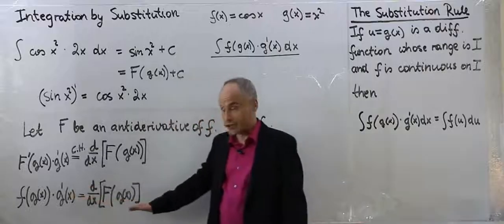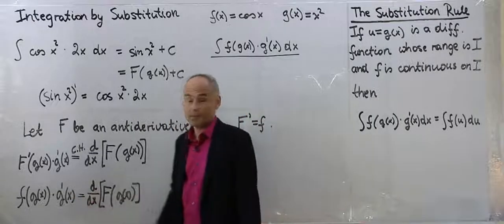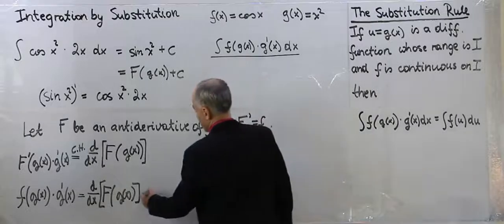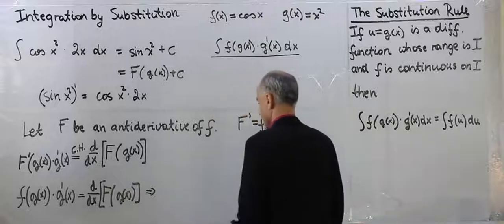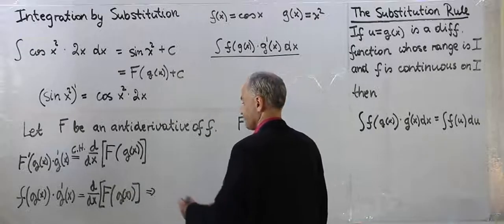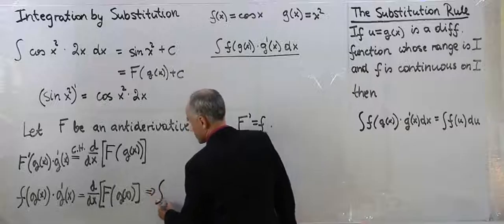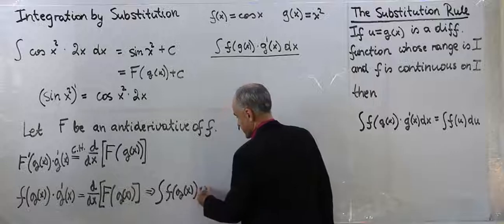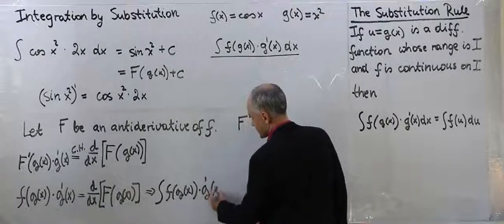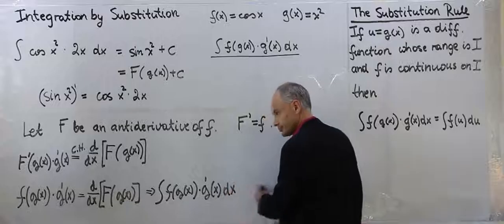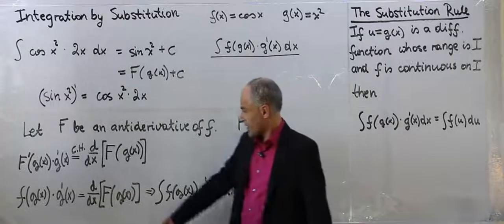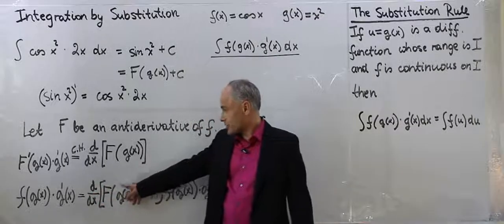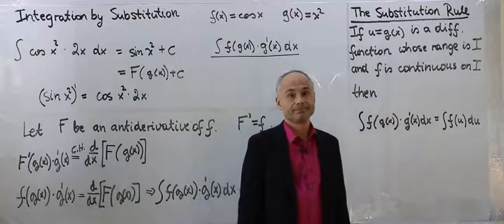If two functions are equal to each other, then their integrals must differ by a constant, right? So from this equation, we get that the integral of f of g of x times g prime of x dx is equal to, what's the integral of the right-hand side?